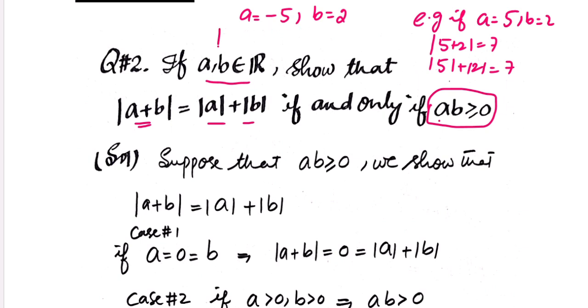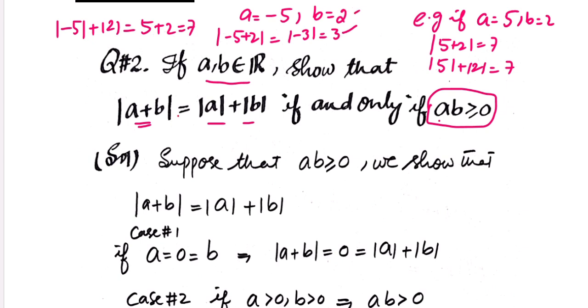Now if you find a plus b, that is minus 5 plus 2, this is equal to minus 3. |Minus 3| is equal to plus 3. While its right hand side is |minus 5| plus |2|. |Minus 5| is 5 and |2| is 2. This is equal to 7. So in this case, this equality does not hold because a and b have opposite signs.